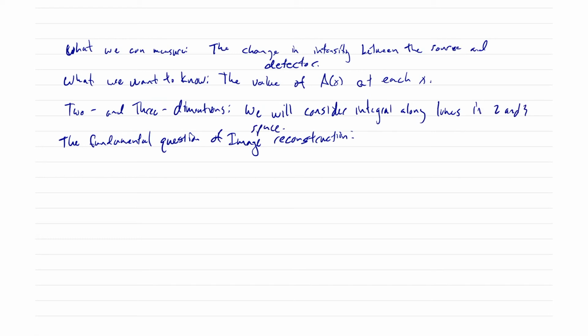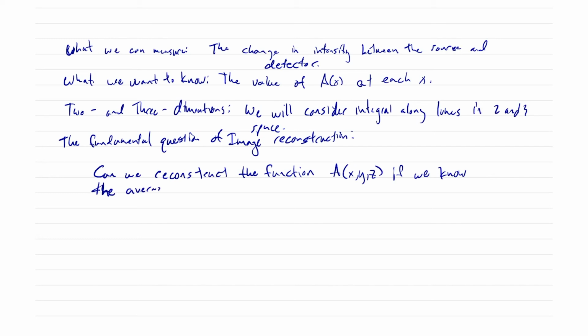And then the fundamental question of image reconstruction is, can we reconstruct the function a of x, y, z, when we think of this as putting it into 3 dimensions, if we know the average value of a along every line that passes through the region?